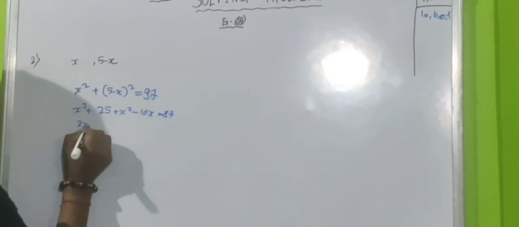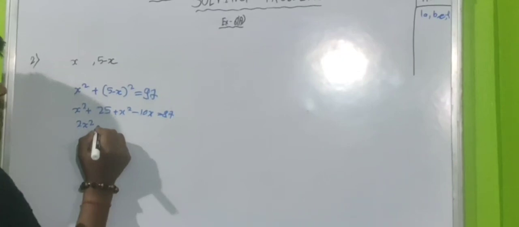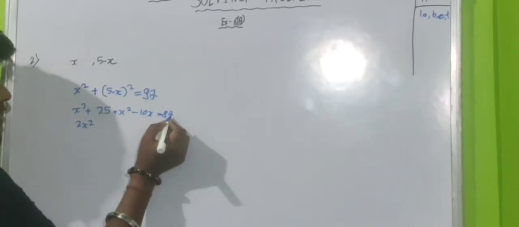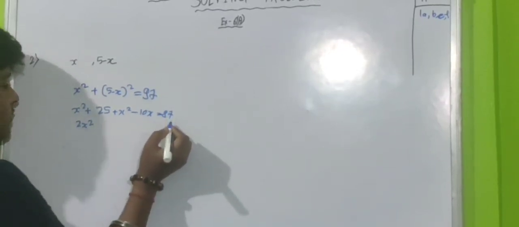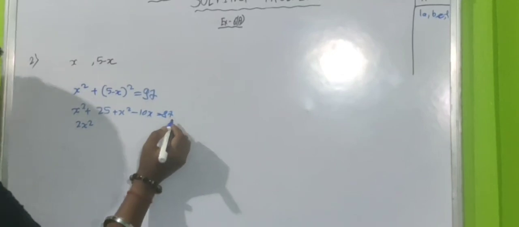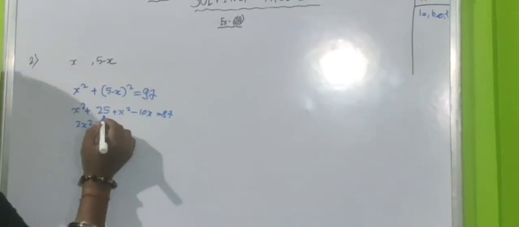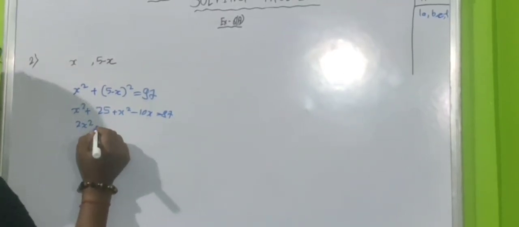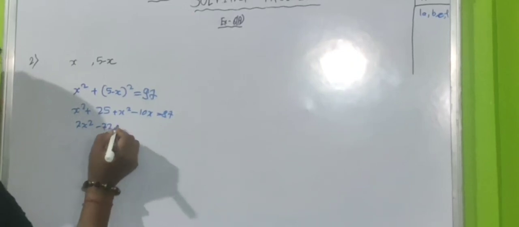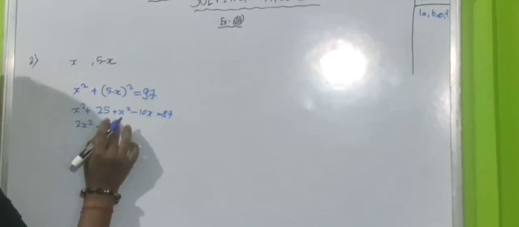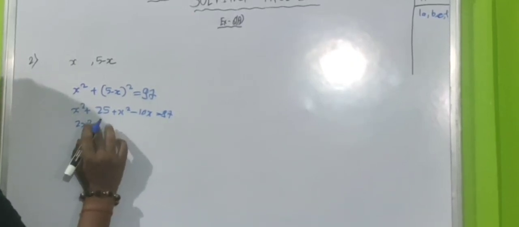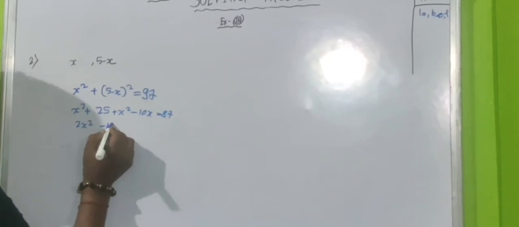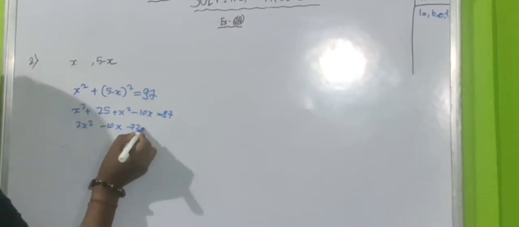So this will be 2x square minus 10x, and 97 minus 25 on subtracting, you will get minus 72. So 2x square minus 10x minus 72 is equals to 0.